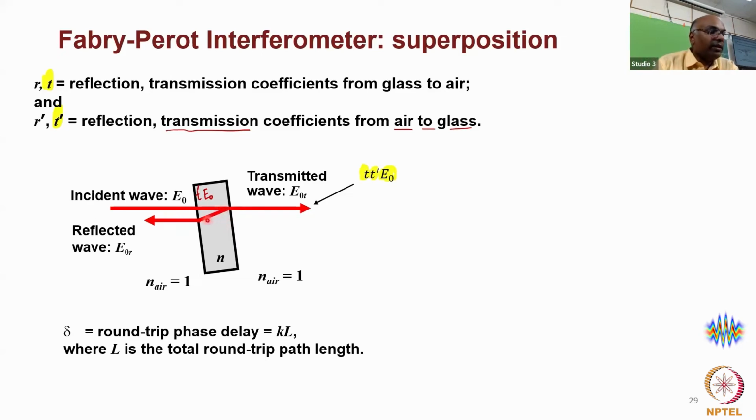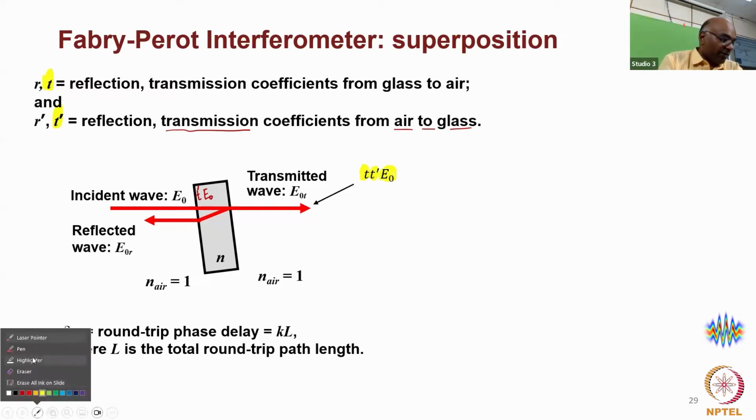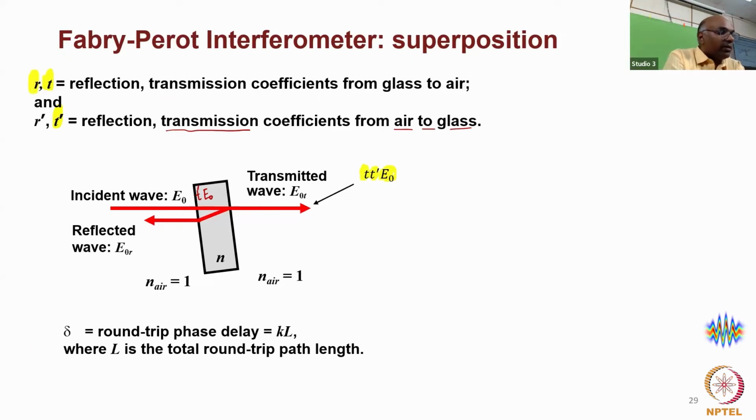Now, this reflected wave has an amplitude E0R. What fraction of reflection happens at this glass-air interface? The coefficient of reflection, which captures the fraction of the wave that reflects at the glass-air interface, is the number R. Given the refractive indices of this medium, we can compute these quantities.